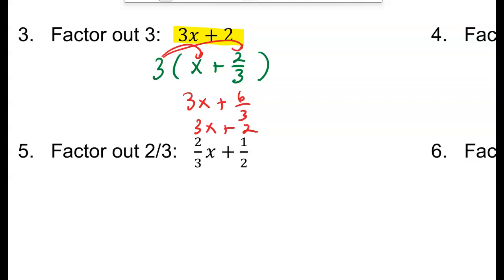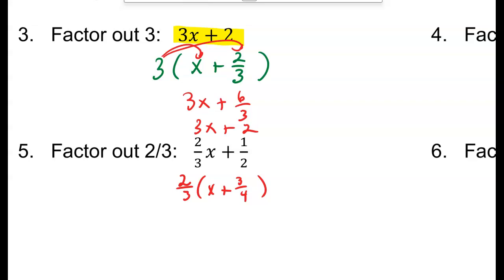Think we got it? What do we get, guys? If I take out 2/3 out of this quantity, what do we get? X plus, what do we get? 3/4. Now, what's the one that's really easy to understand? Taking 2/3 away from x, is that not ultra easy?